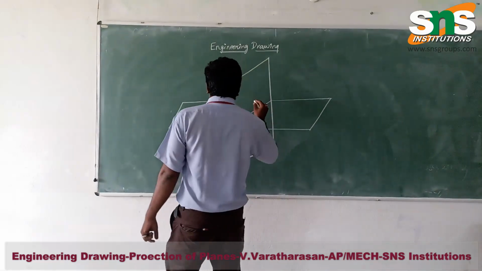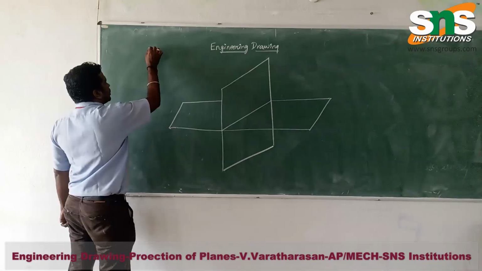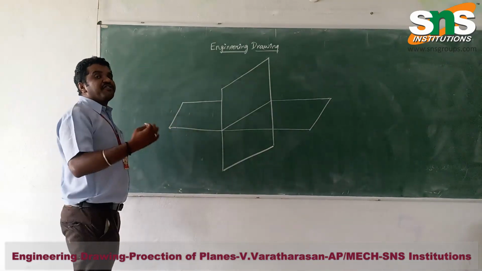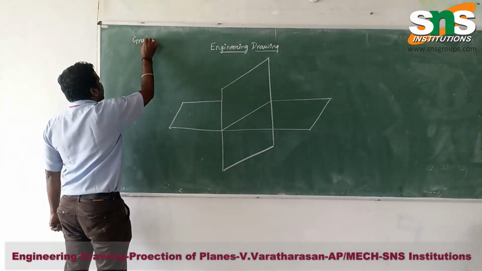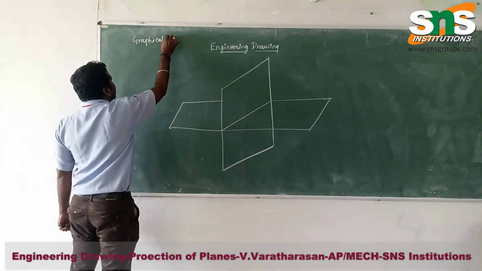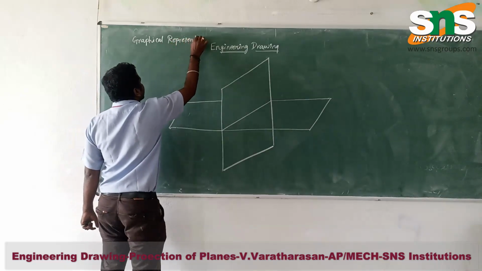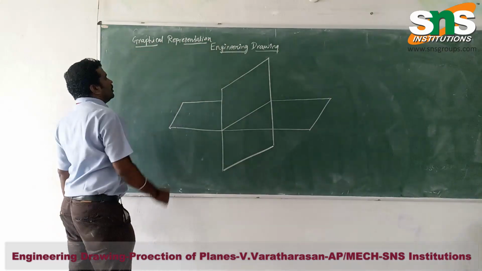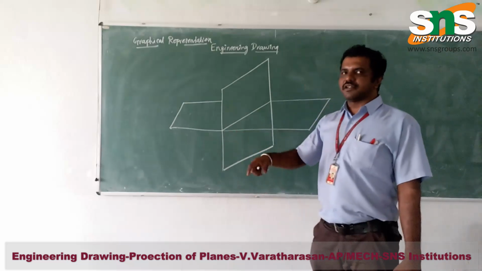There are various types of drawings available. First and foremost, we already know that Leonardo da Vinci and others used artistic drawing. In artistic drawing, they used their creativity, skill, and visualization skill, and through this they developed so many drawings.